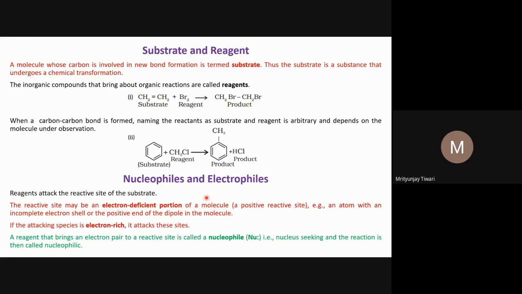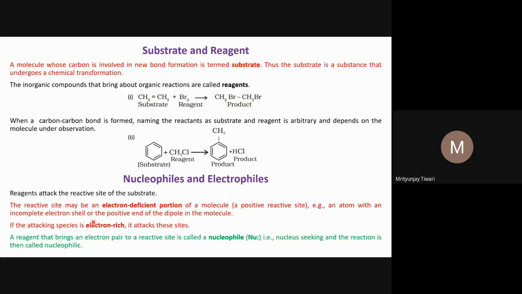So we can have a positive potential in that region. Any portion of the molecule which has depleted electron density, where we can assume a positive potential, is a center where a nucleophile can attack and combine.